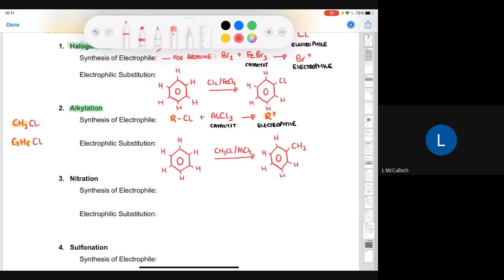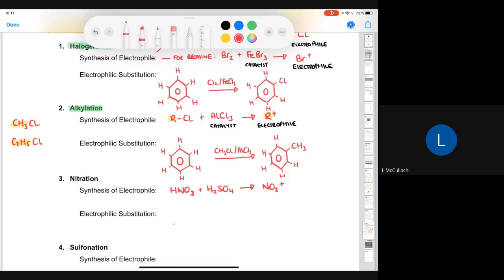Okay, so for part 3, we've got nitration. To synthesize the electrophile here, we use a mixture of nitric acid and sulfuric acid. And that will produce the NO2 plus electrophile.